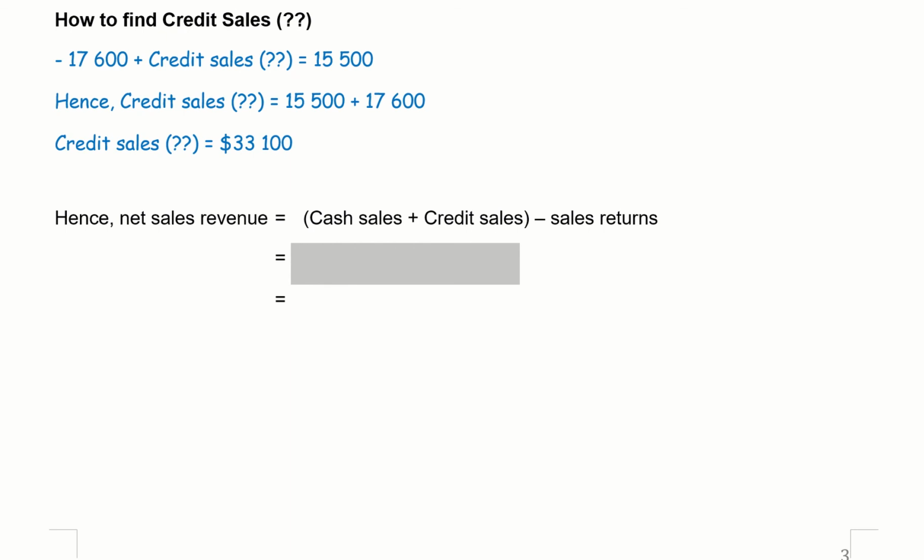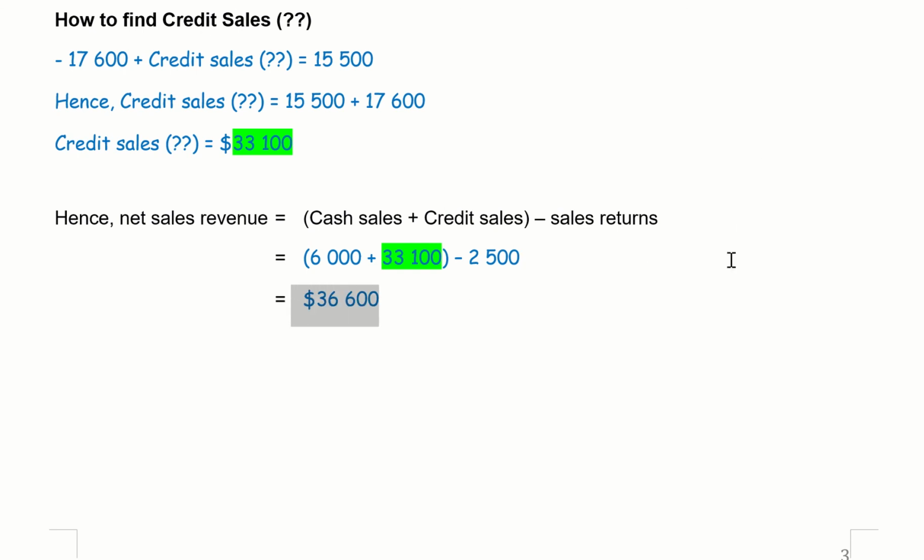If I substitute the numbers inside, my cash sales is $6,000 from my question. My credit sales is here. And my sales return is again from the question. And I can calculate that my net sales revenue is $36,600.